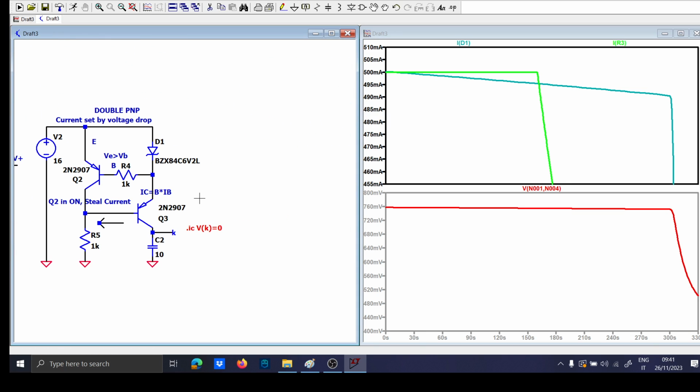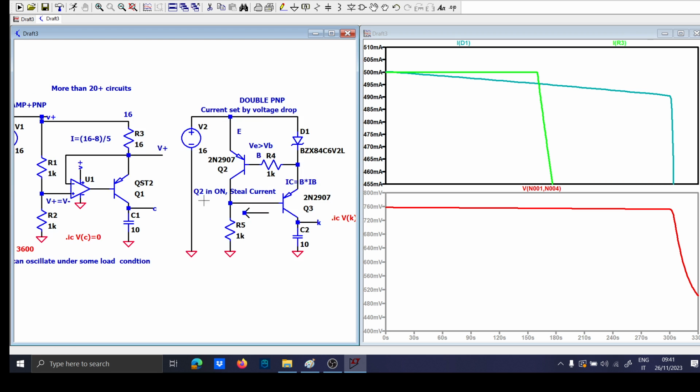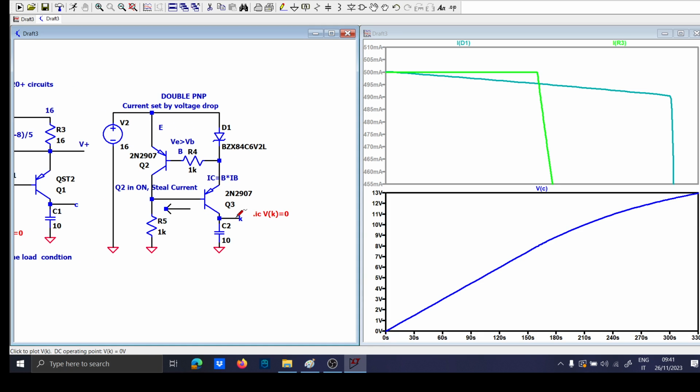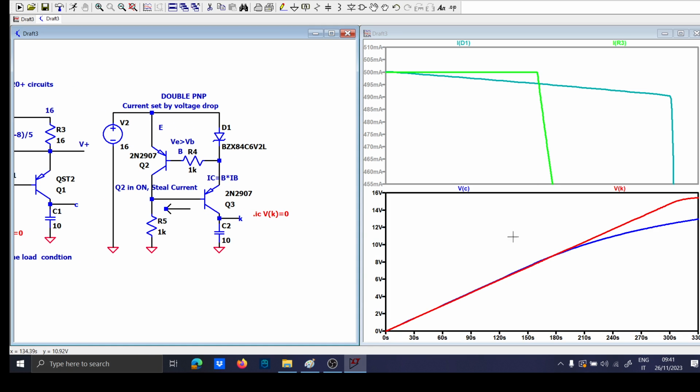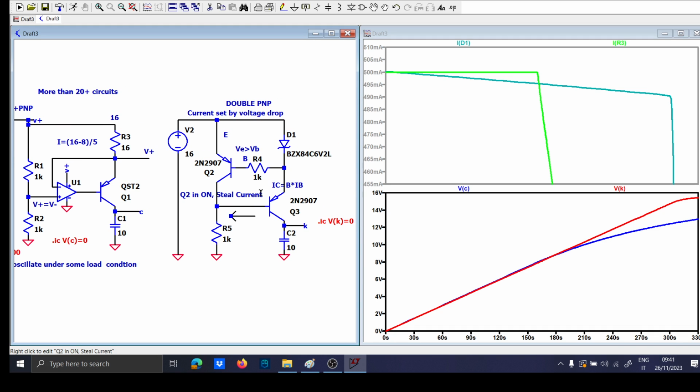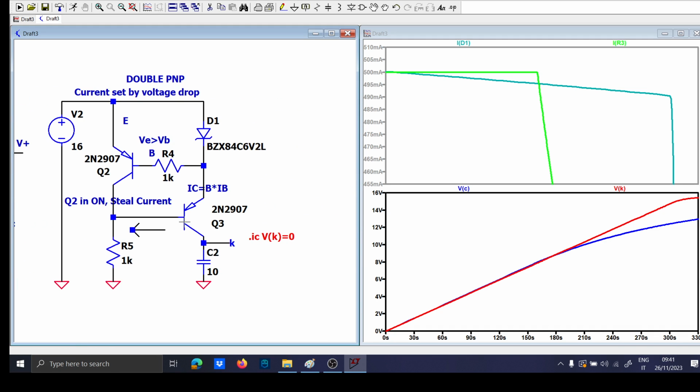So now what we want to have, but you see that neither in this circuit can I program the voltage. They always reach the voltage of the power supply, which is something that you don't always want. How can I design a circuit with only PNP, without op-amp, which can clamp the voltage as well?